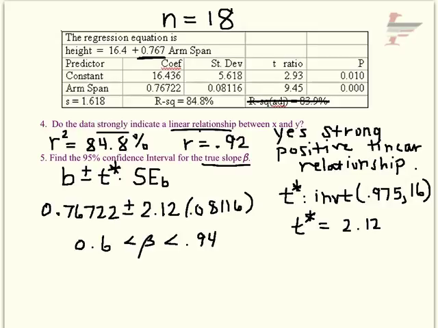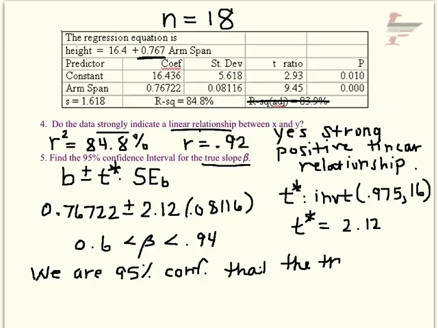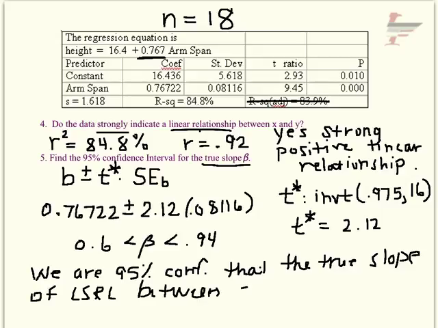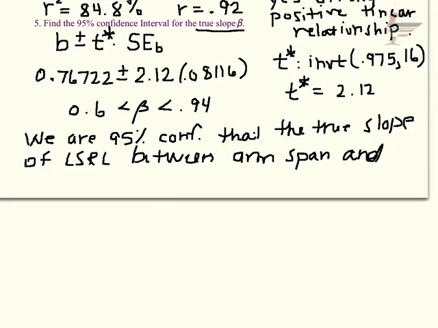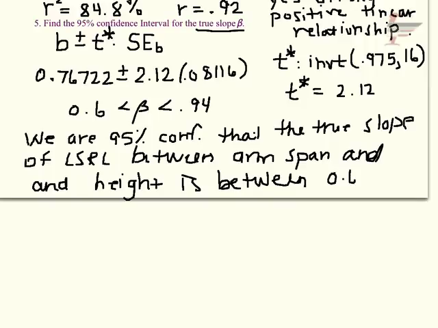for beta. So, if I can squeeze in my conclusion, we are 95% confident that the true slope of the least squares regression line between, bringing in some context here, arm span and height is between 0.6 and 0.94.